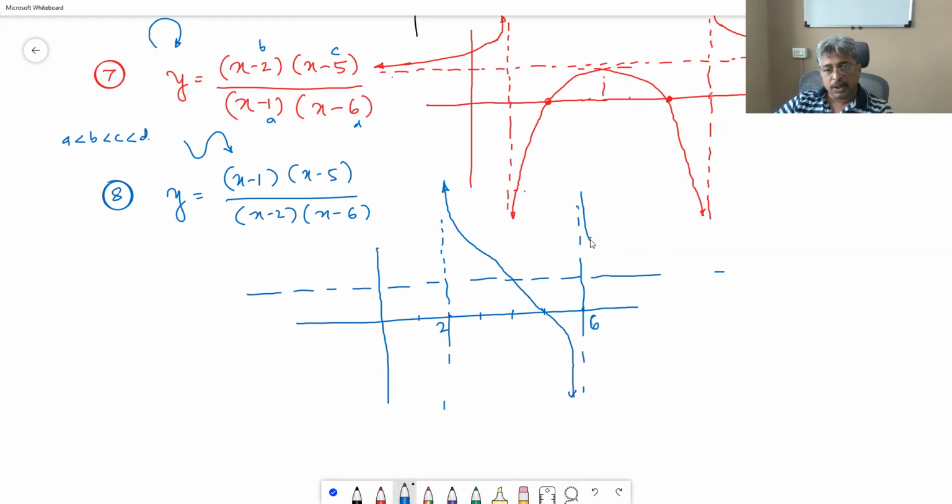It is going to go like this for greater than 2, and for less than 2, it is going to be asymptotic, passing through 1 and going like this. So essentially the nature of this curve is going to be like this. So we have done this. Now problem 9.